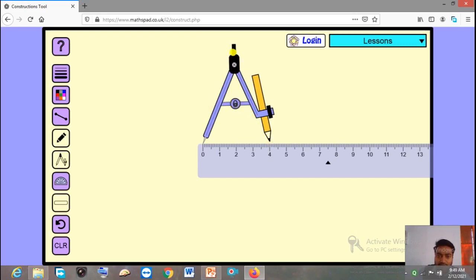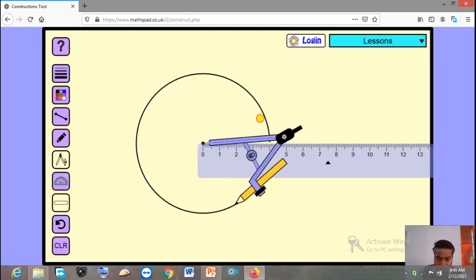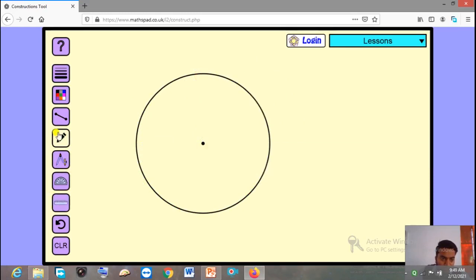Now rotate or move around. Understood? So it has a radius of 4 centimeter. Let me draw one more.